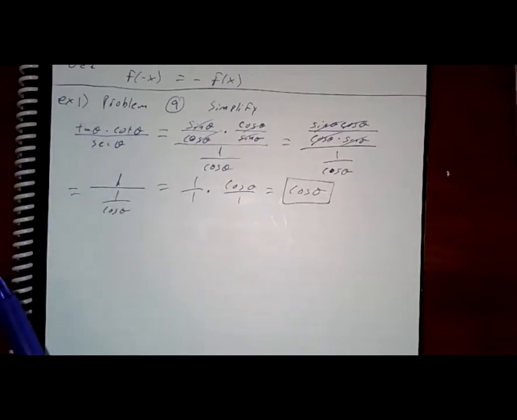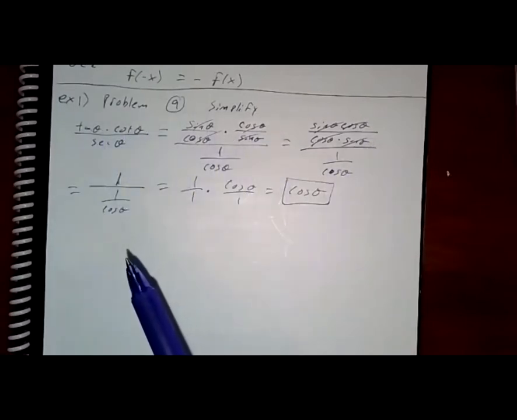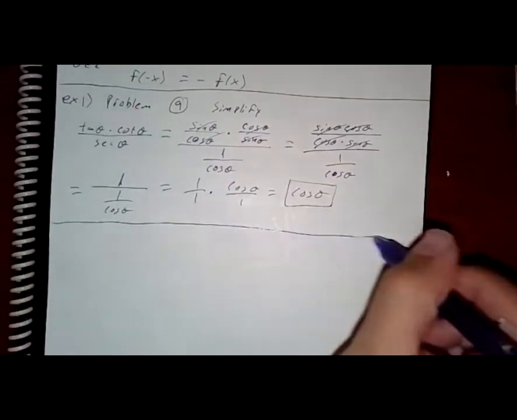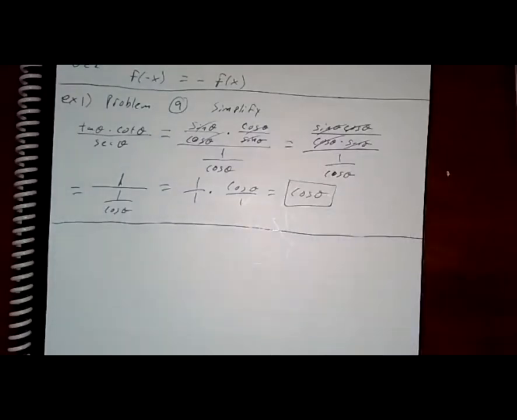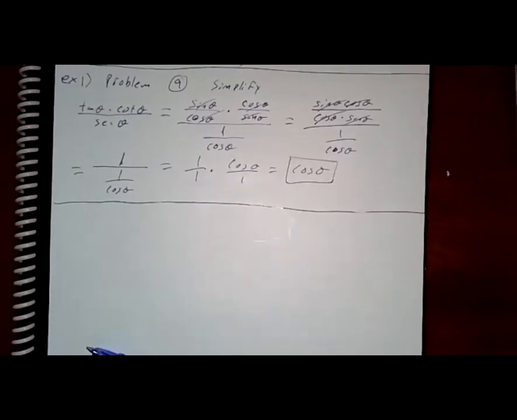That's all we did. I rewrote tangent, cotangent, and did algebra. That's what this question was about. And the reason we're doing that is to kind of solidify our formulas by practicing these simplifications. I'll take another one if you guys are okay with this one in just a moment.